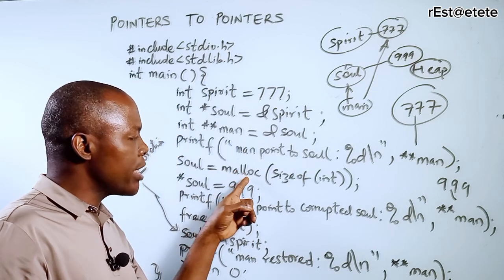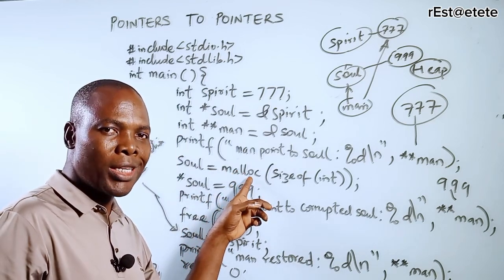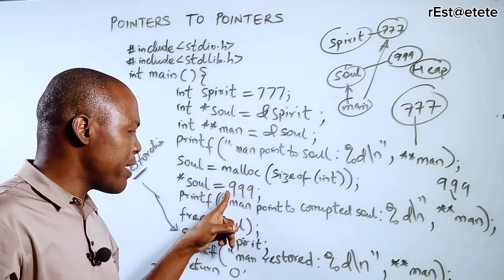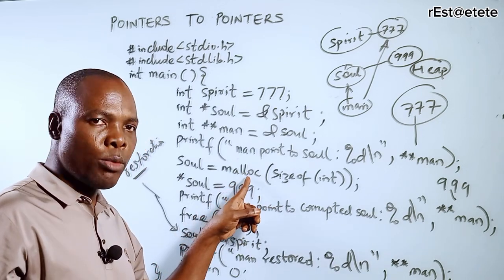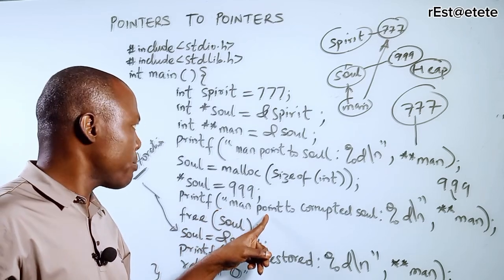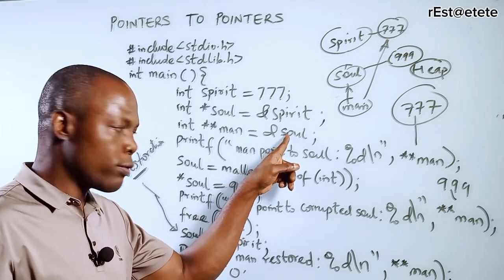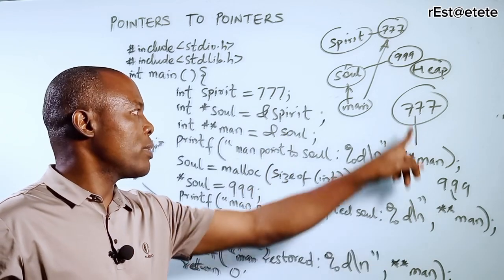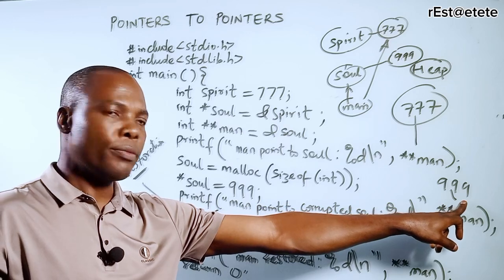So soul now is pointing to the memory location that was created at runtime, not at compile time, and is assigning a value of 999 to that memory location. So we are now trying to access the value of man, because man is still pointing to the address of soul. Now man is going to access a corrupted soul, and print out 999 on the screen.